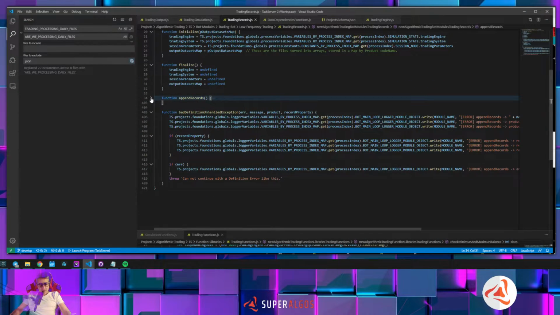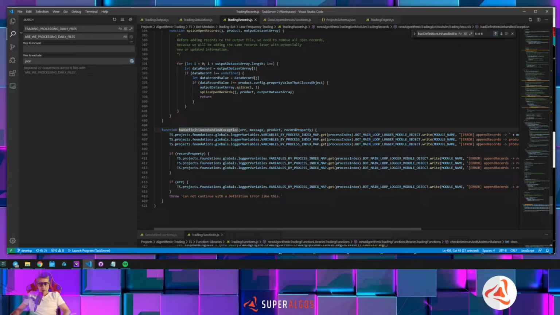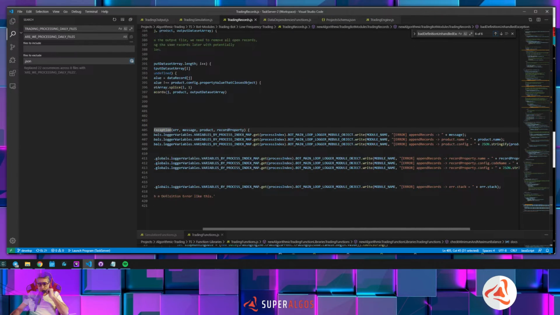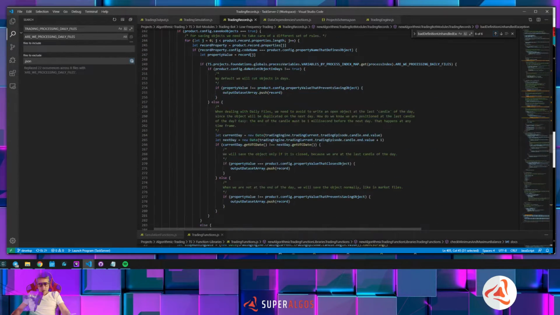Now it seems I have one big function, and this guy is called inside of here. So let's check out how this would work.